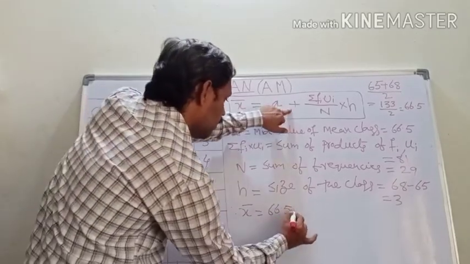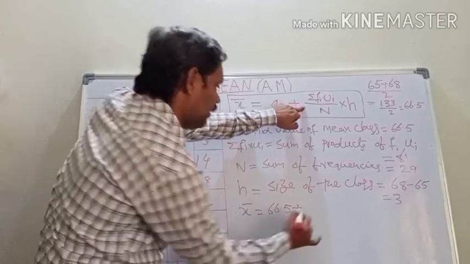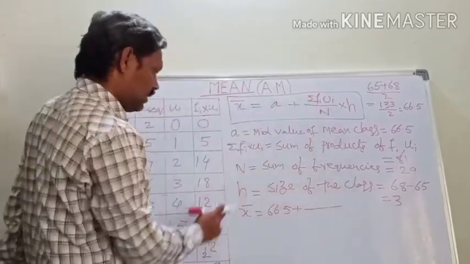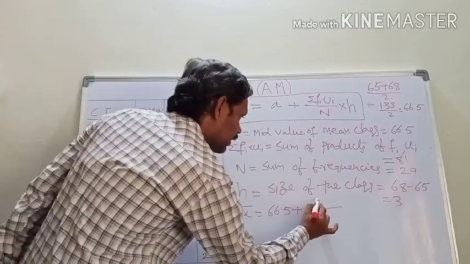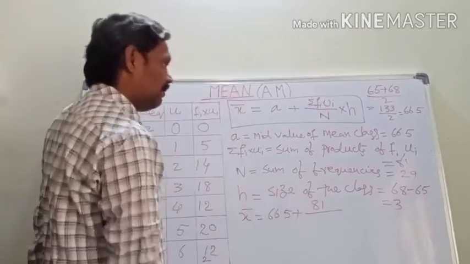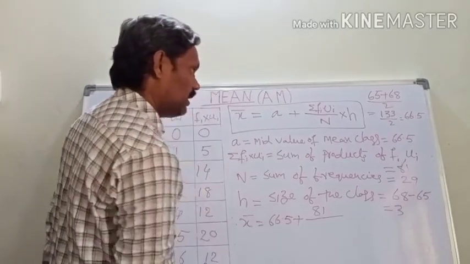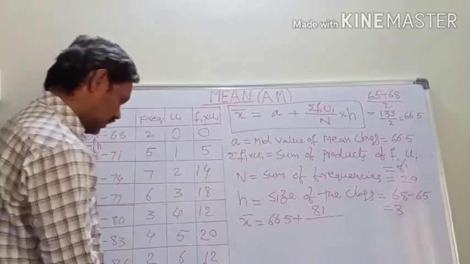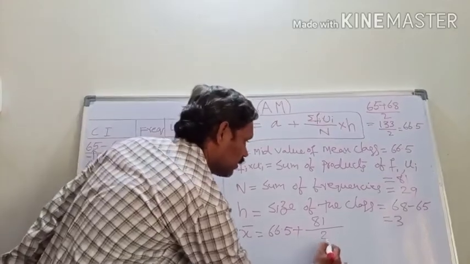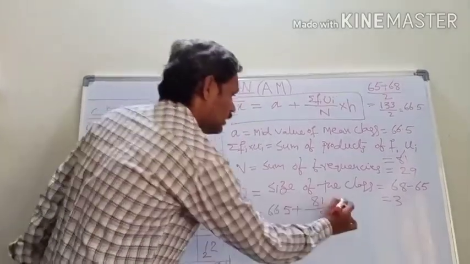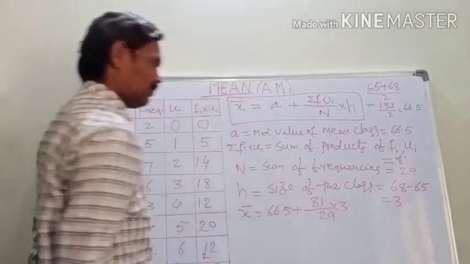Then plus sigma fi ui by n. Sigma fi ui is 81, n is 29, into h. Size of the class is 3.